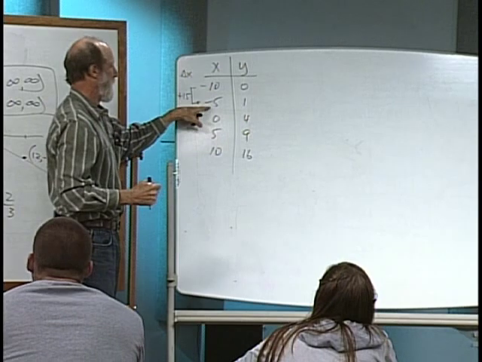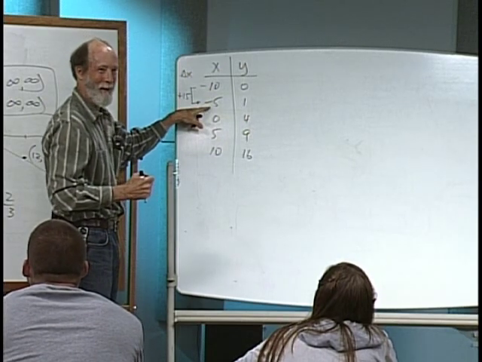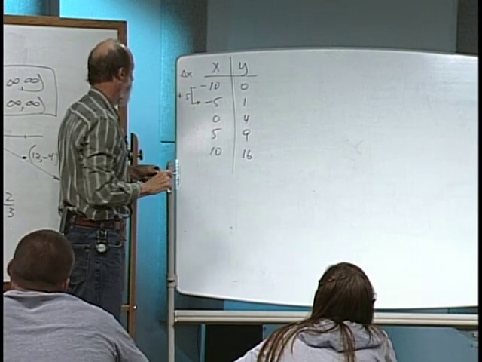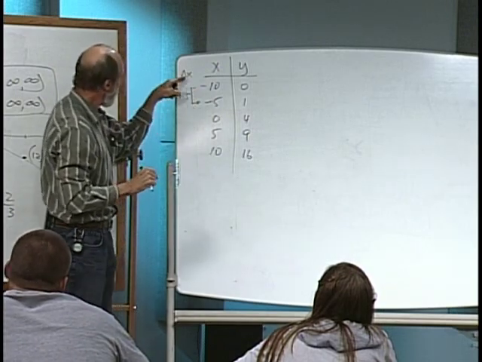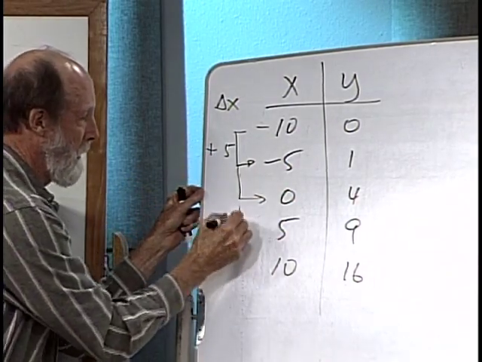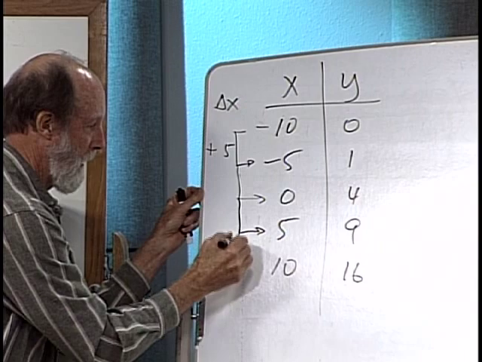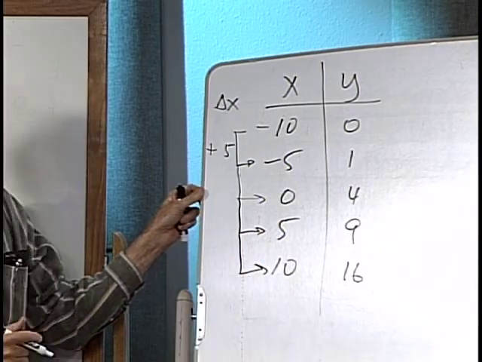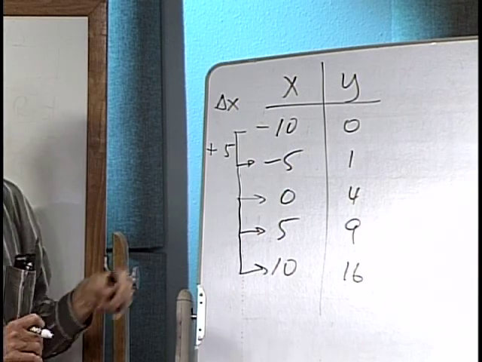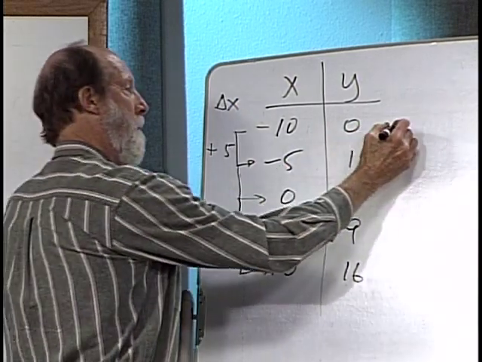From -10 to -5? What's the change there? It's +5, isn't it? Okay. So for any change in x, and notice that it's uniform, we have a uniform change in x from each data point, don't we? So our change in x is +5. What's the associated change in y that you see over here?